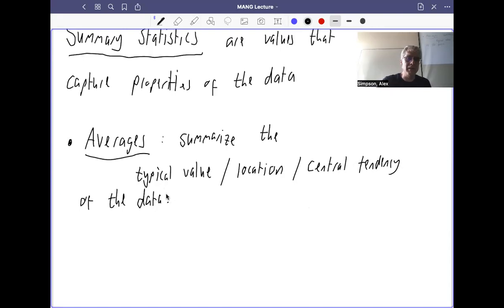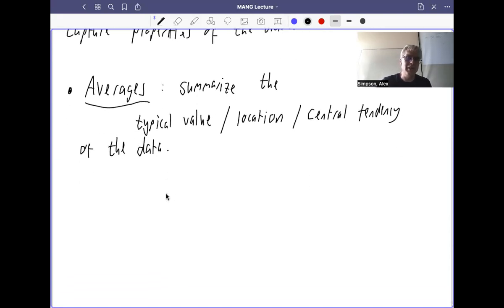So averages are important. You know, this is the average salary of a Slovene person or something like that. Then it's a very important statistic about the country. Another property that one wants to summarize is not just the typical value, but how much variation there is between the different values that one can get.